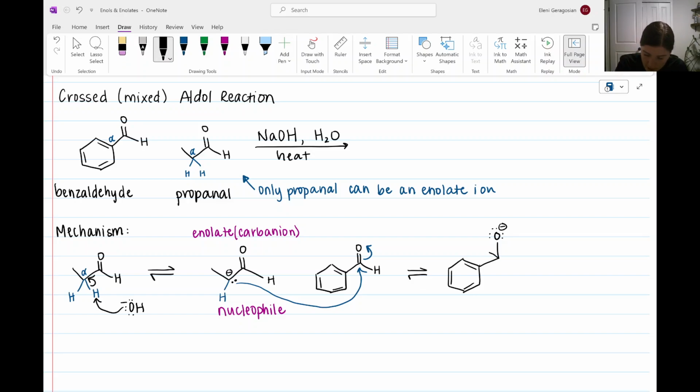I'm going to draw it off to the side though. We have a new carbon to carbon bond. I'll emphasize that in green. So we have a new bond to a carbon atom, and that new bond is to this carbon. So that carbon is now bonded to a methyl group and the carbonyl. And a hydrogen, we'll put that off to the side.